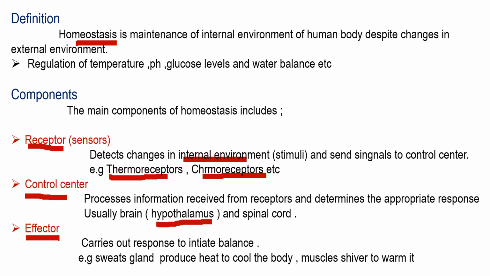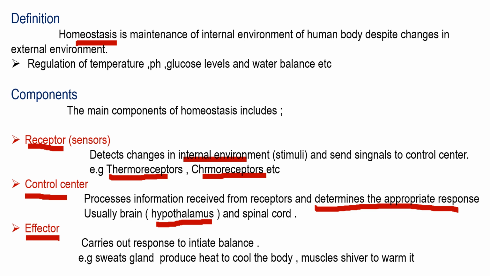Spinal cord also plays some role, but it is very limited. So what is the role of control center in homeostasis? After receiving information from receptor, control center determines an appropriate response to maintain internal environment, and it sends signals to the next component, that is effector.